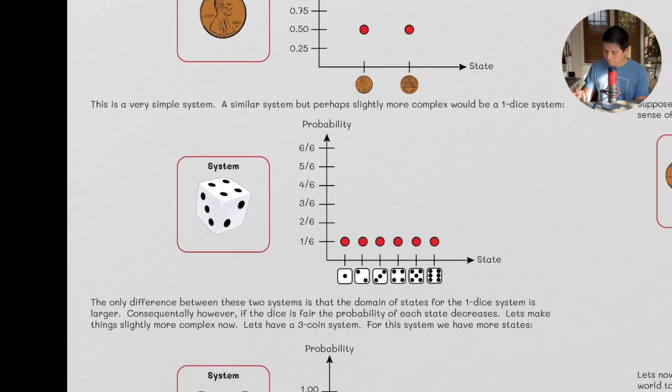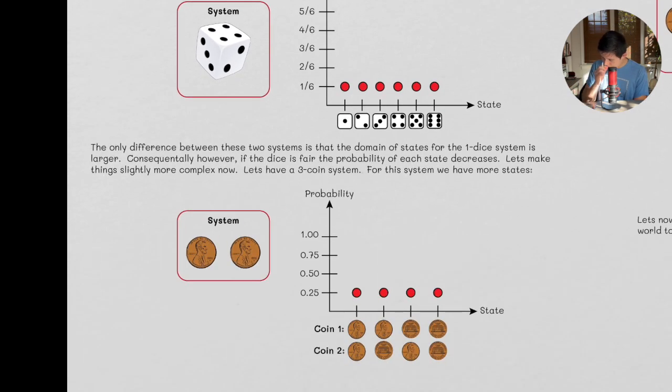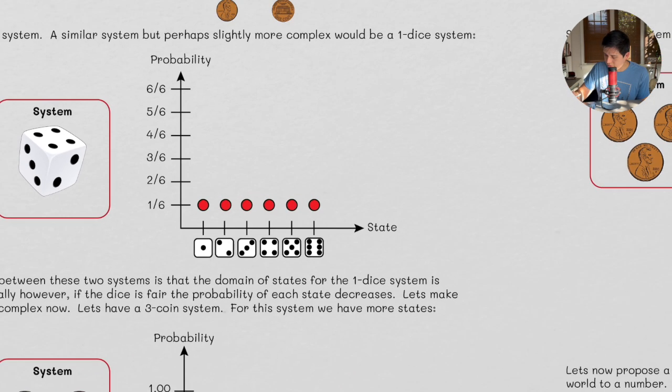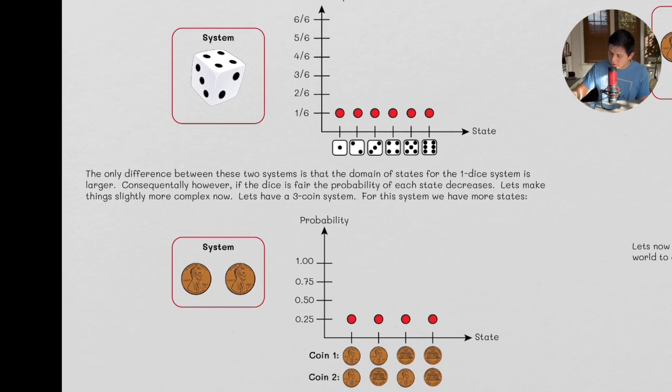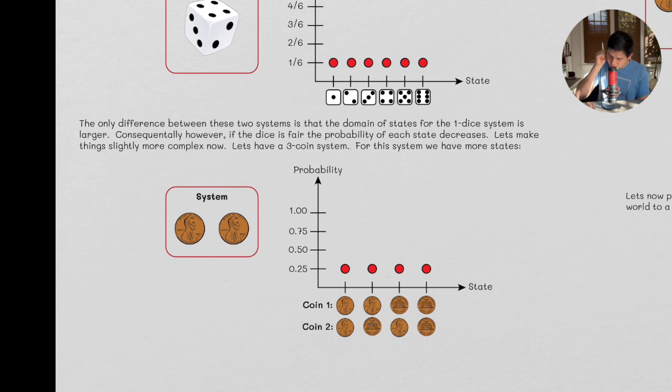The only difference between these two systems is that the domain of these states for the one dice system is larger, because we have more than one state that can come out of this system. Consequently, however, if the dice is fair, the probability of each state will decrease.